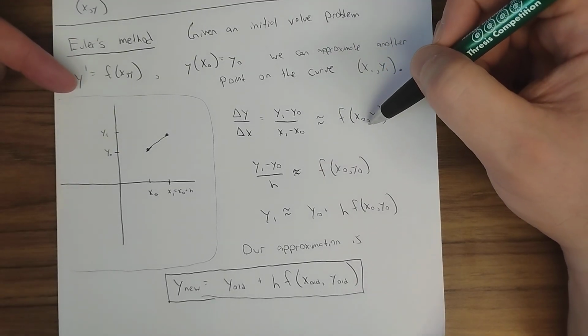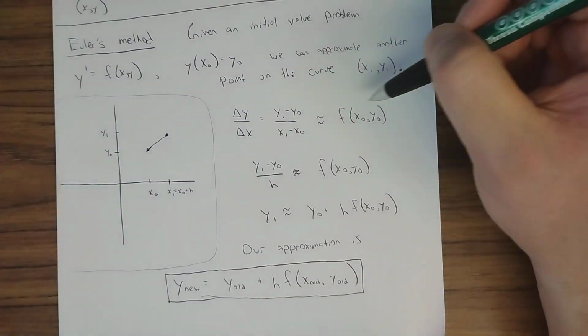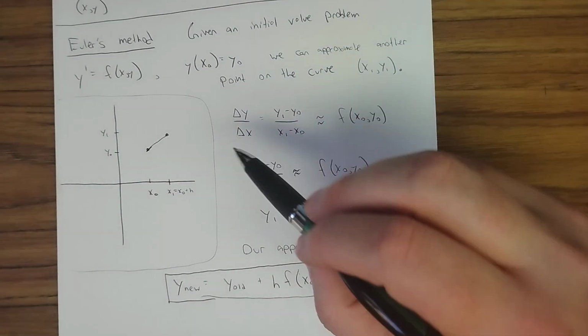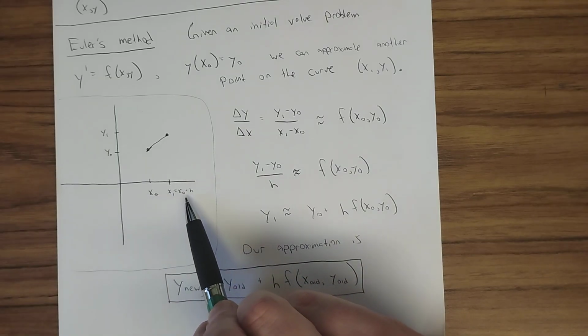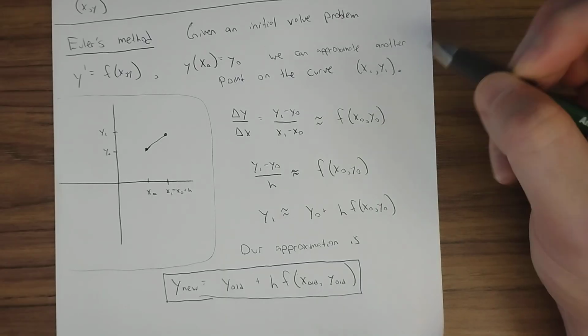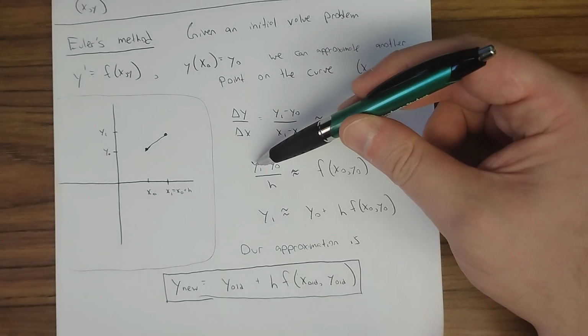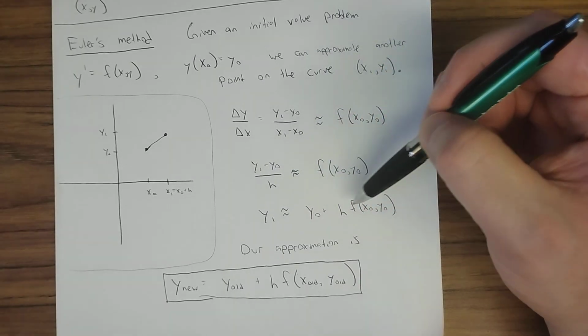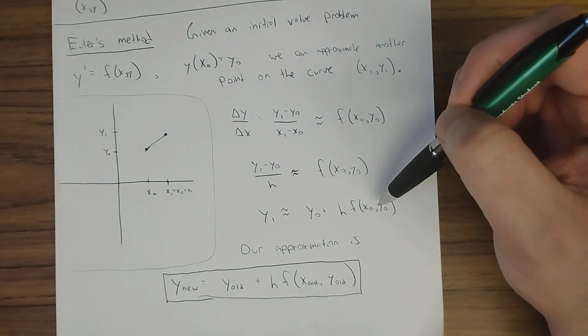So I set this approximately equal to this, and of course x1 minus x naught is just h. Then we're trying to figure out y1, so I just solve for y1. I multiply the h over and I move the y naught over, and y1 is approximately this.